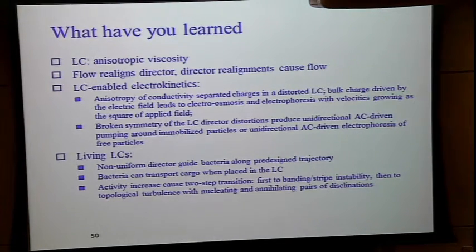So that's the end of the story. As you understand, we are only at the beginning of all this study. We don't understand many things, including the basic approach to how we describe these things. But what is clear is that this system is very nice for future studies. Why? Because even from the beginning, you already see how by gently changing the activity, by feeding more oxygen into the system, you change the activity from 0 to some medium value, just enough to produce undulations of the director.